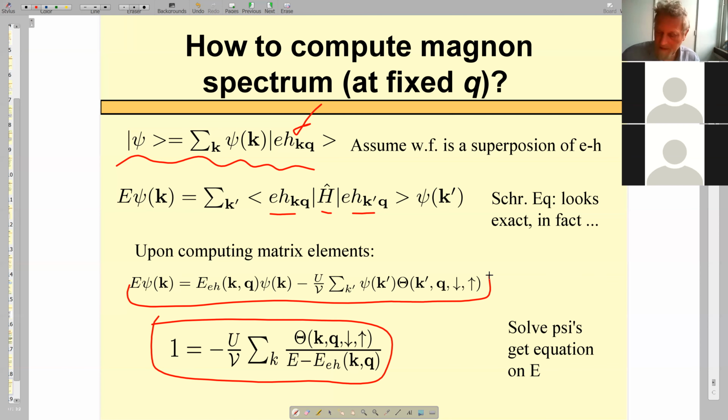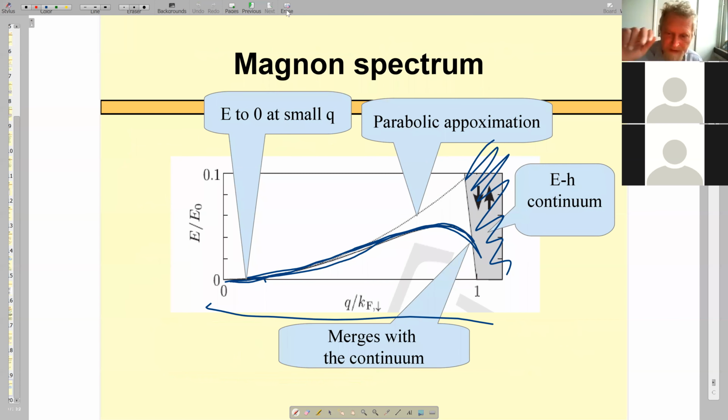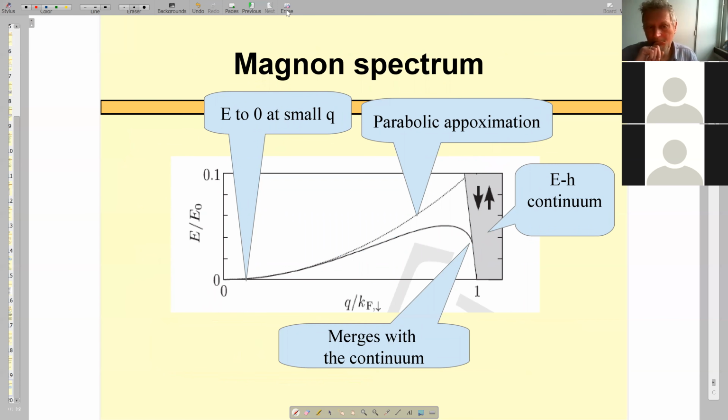Good. So I plotted the results for you. What does it say? This is the full magnon spectrum at all possible K, which can also be compared with KF. You remember there was a continuum of electron-hole pair spectrum. It is present here as well, as in the previous picture.